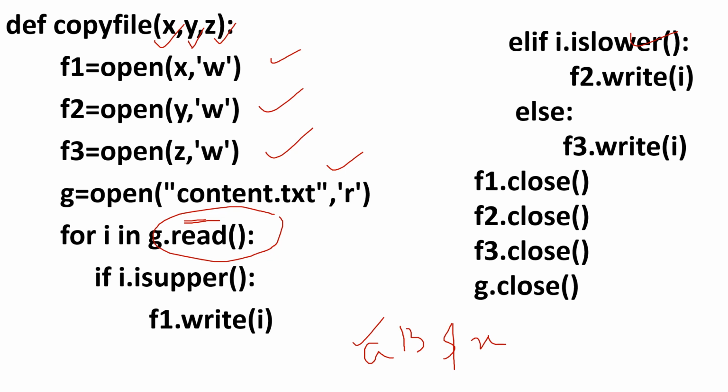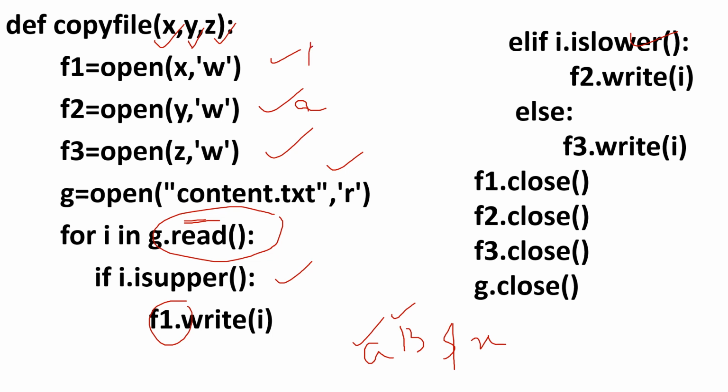So now it will write a into the file f2, that means here in this file, and then after that the loop will again move. It will pick B. Now B is uppercase, this condition is satisfied, so now the data will get written into the f1 object, that means the file which is opened with the f1 object.